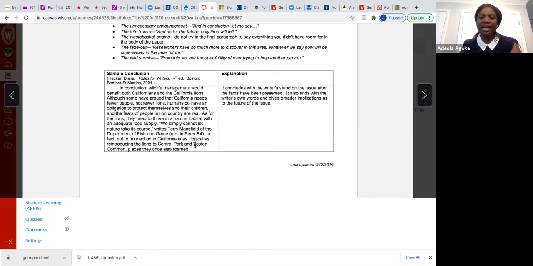And I like the way this person ended the last sentence. I wanted to pay attention to that. It says, in fact, not to take action in California is as illogical as reintroducing the lions to Central Park and Boston Common, places they once also roamed.